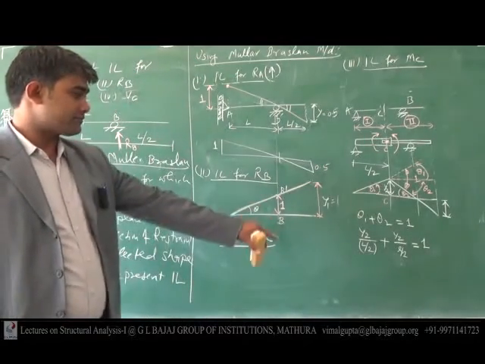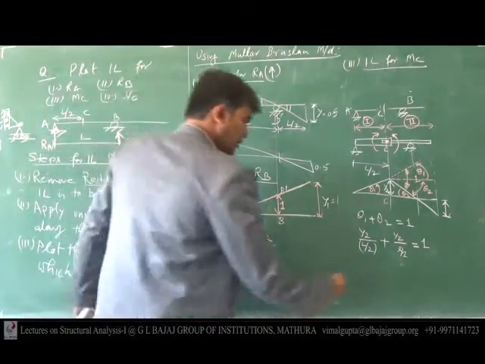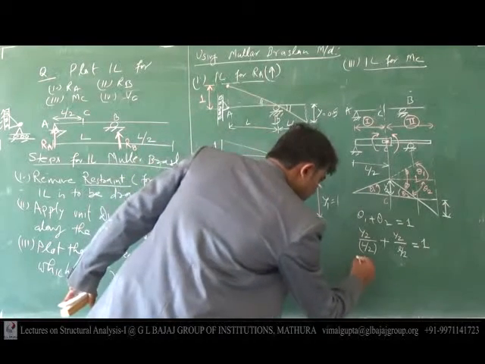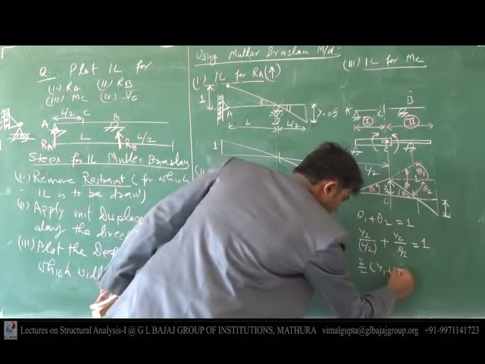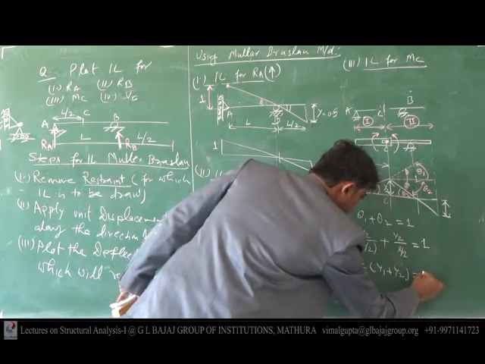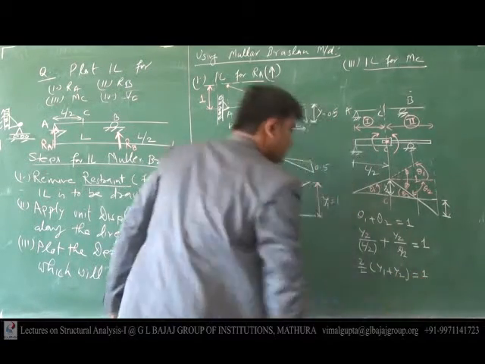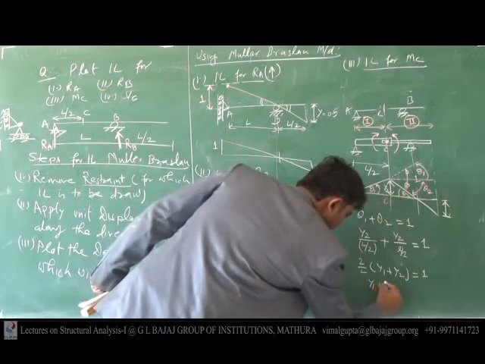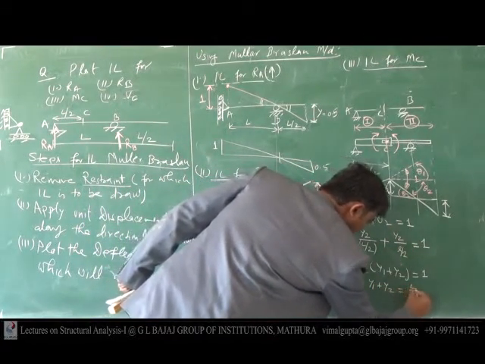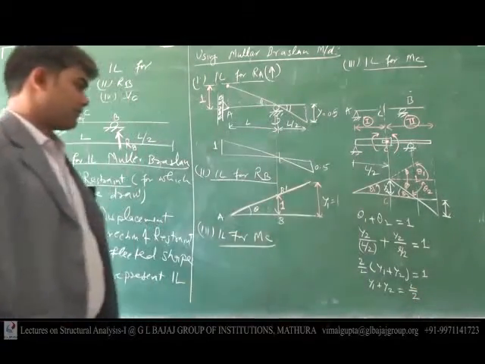So 2 by L, y1 plus y2 equals 1. So y1 plus y2 equals L by 2.